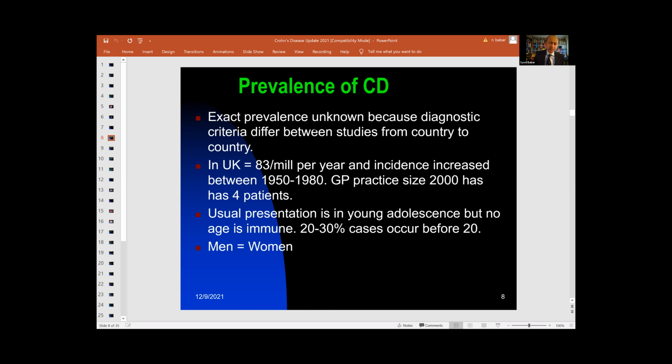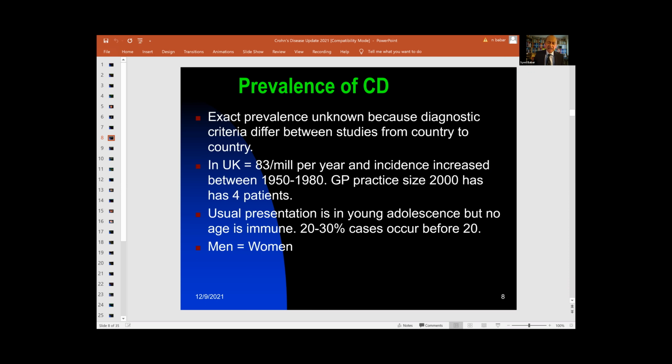In the UK, the Office of National Statistics, in the period between 1950 and 1980, which is several years ago, calculated that 83 patients out of a million would suffer from Crohn's disease.